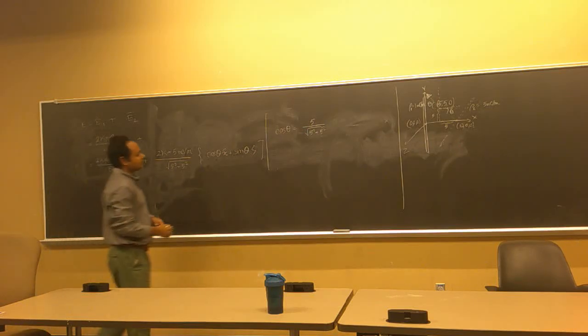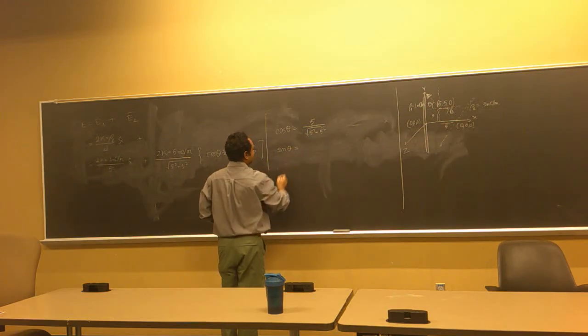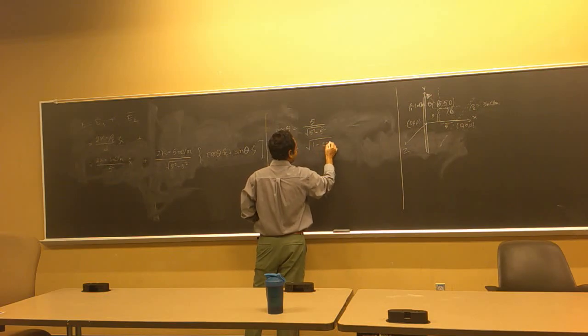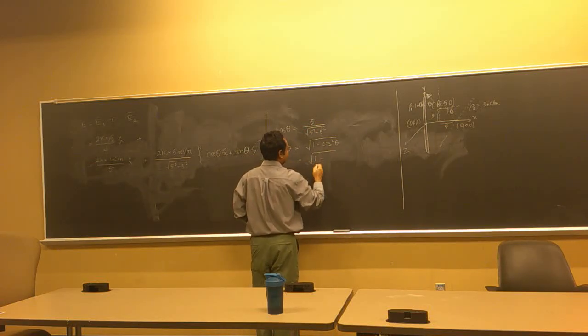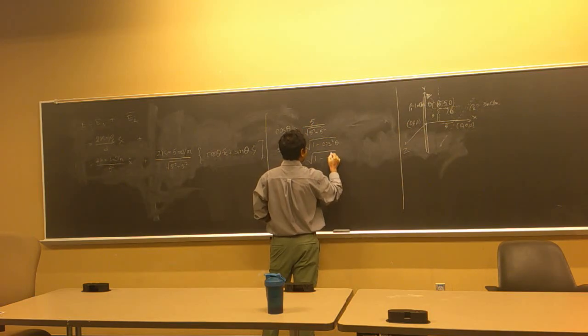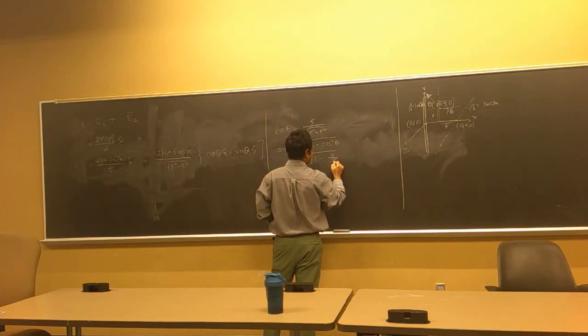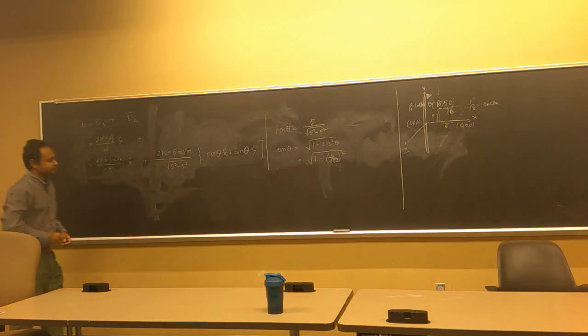That's your cosine theta. In a similar way, if you try to find sine theta, you can simply use this formula and find the value of sine theta like this.